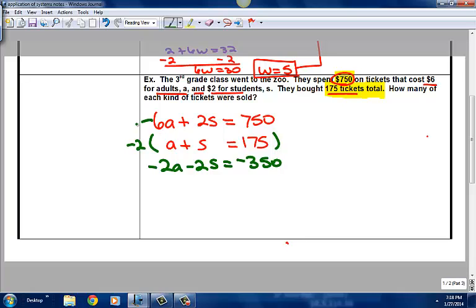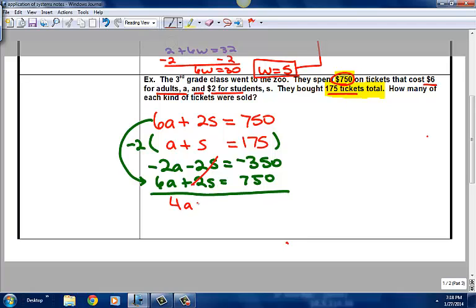Now we'll bring that original other equation down, stack it up. And now I'm ready to eliminate because my S's are going to go away. If that's the case, the number of adult tickets that was sold is 100.